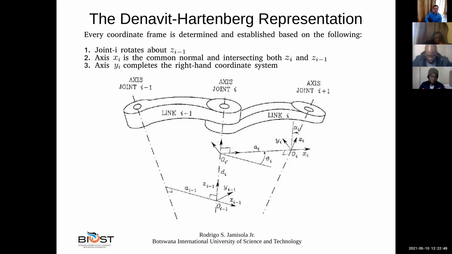This is one of the most fundamental information on robot control. That's why I spend a lot of time to explain this DH convention.